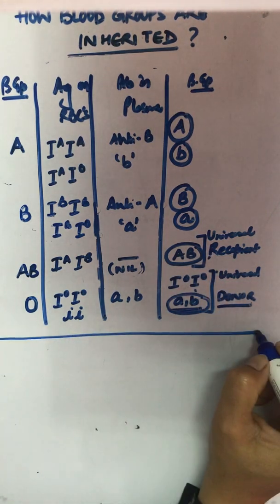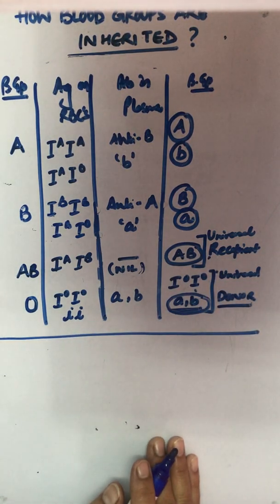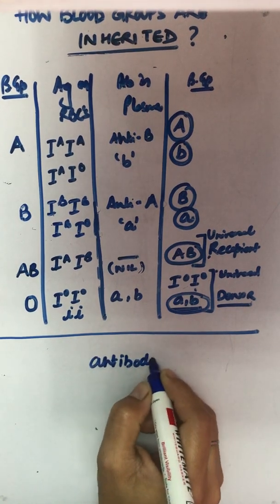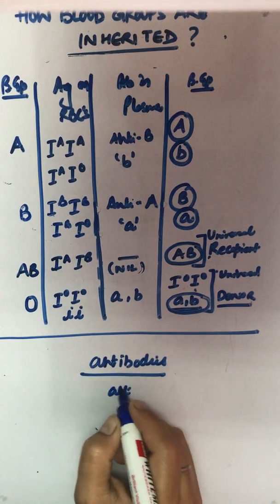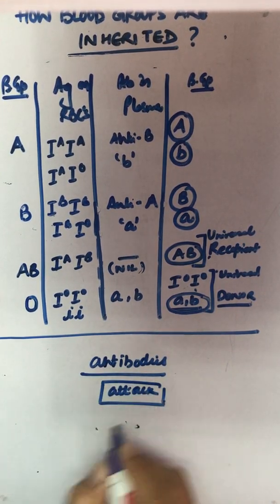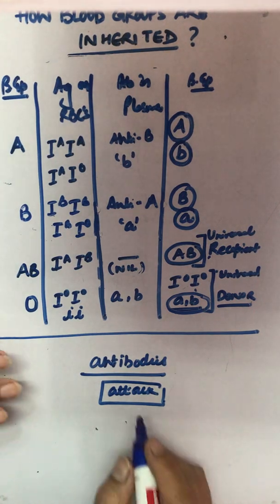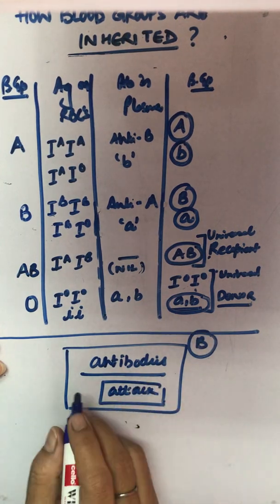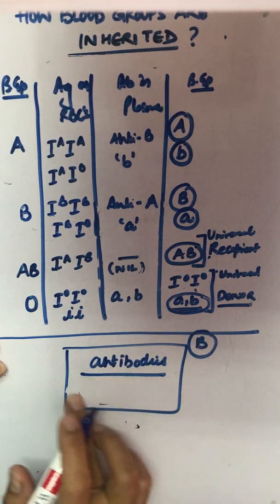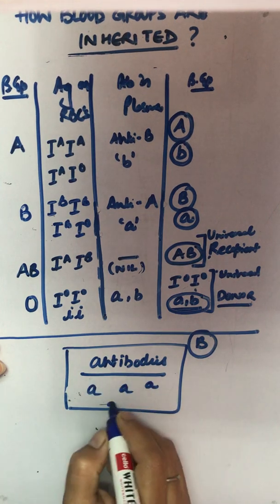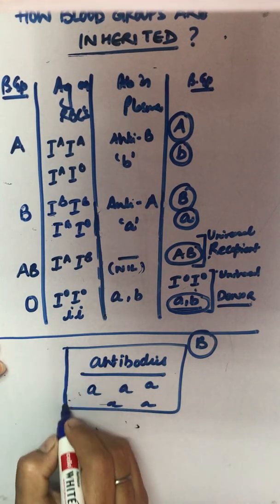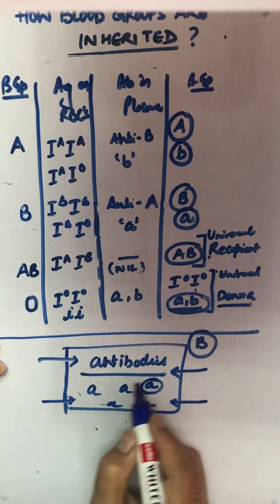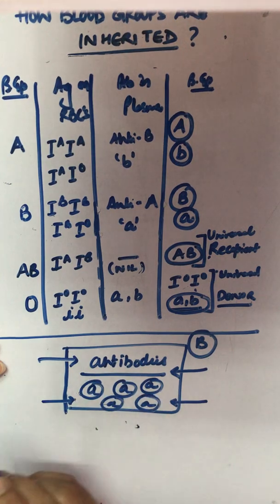What do we mean by donor and recipient? In case of blood grouping system, generally what happens, the antibodies are supposed to attack the antigen that comes in response. If I say I have a blood group B, it means my antibodies in the storehouse are all A. So it is not going to welcome any other blood group which is having a different antibody.